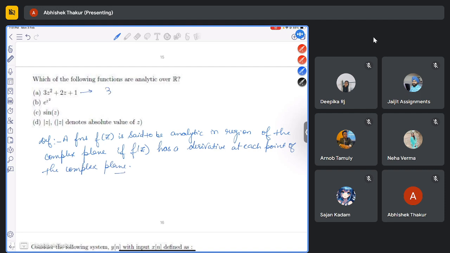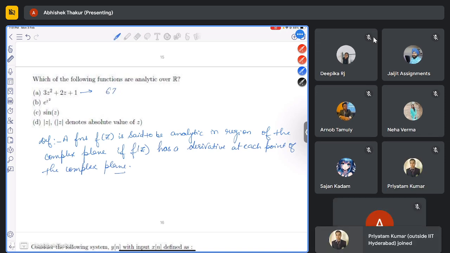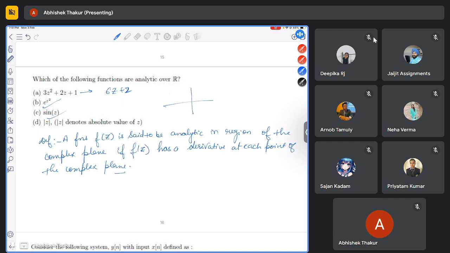So the derivative of this is 6z plus 2. The derivative exists at all points for e to the power of z squared. Again, the derivative exists for sine z also. The derivative exists for mod z? This is a mod z function.